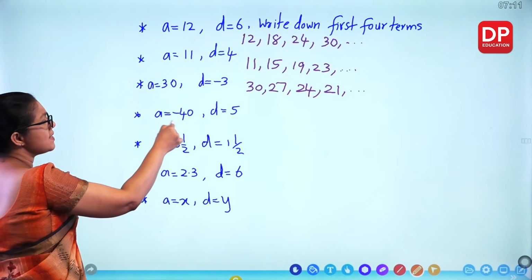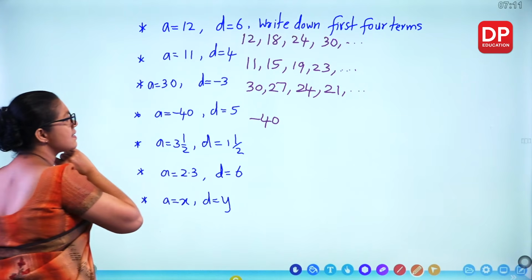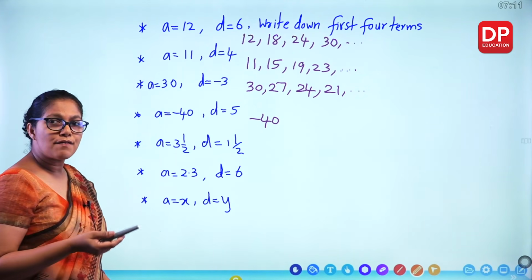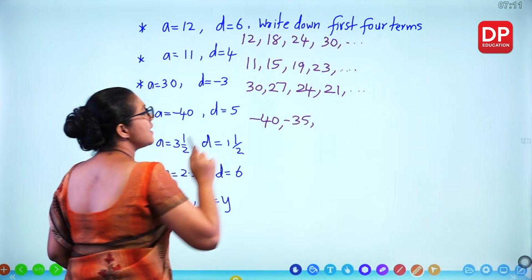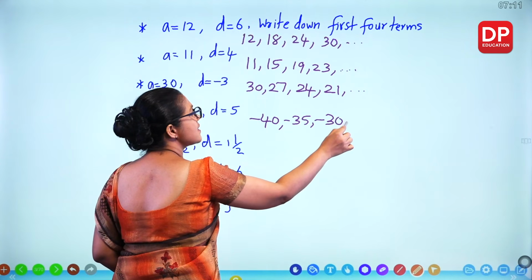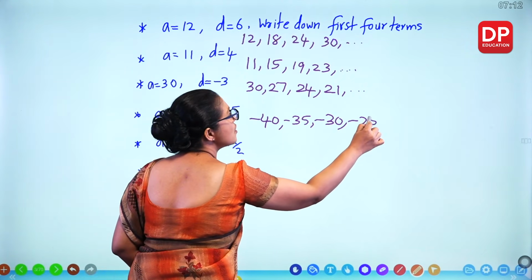Now this one, the starting value is negative, so negative 40 is the starting value. Adding 5 to that, negative 40 plus 5, negative 35. Negative 35 plus 5, negative 30. Negative 30 plus 5, negative 25.